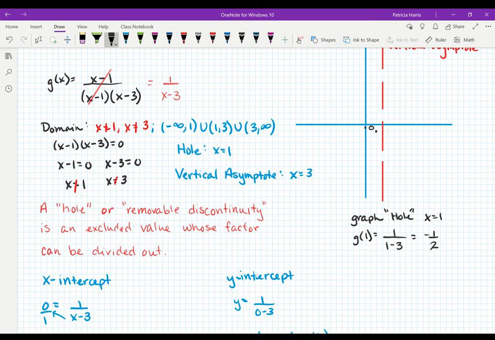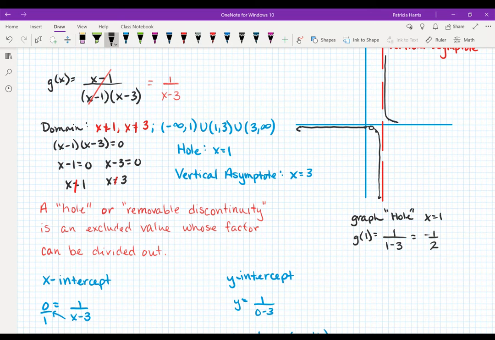So it looks like this half of my graph is going to look like this. Now, if I plug in the right-hand side of 3, like 4 and 5, you'll find that I get this.